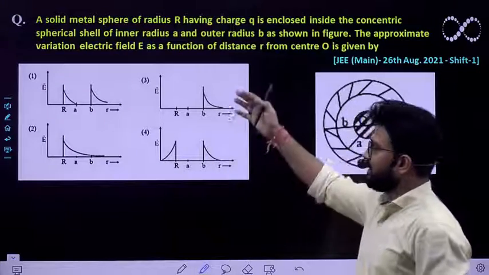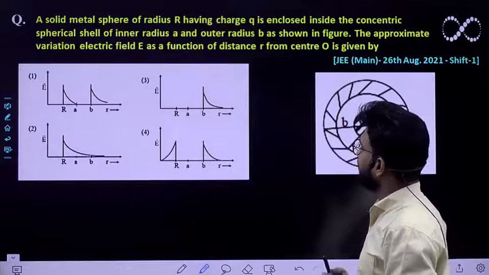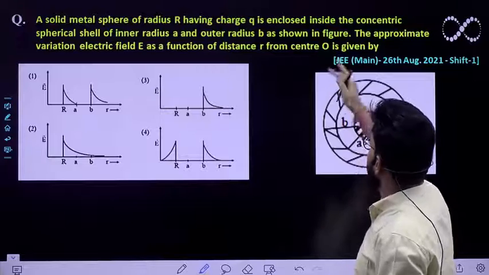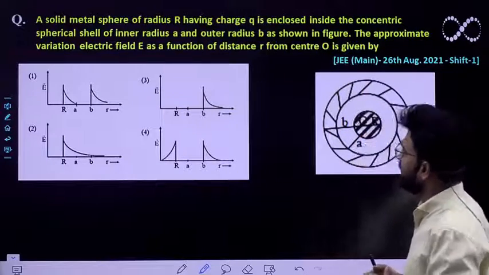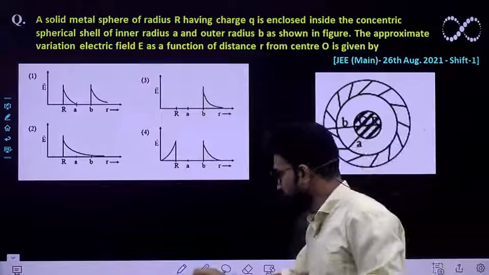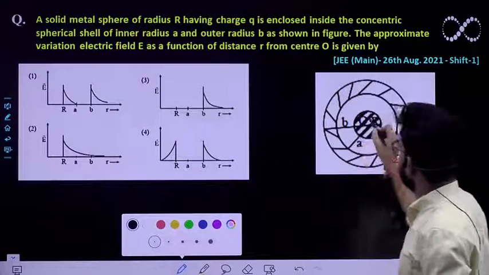The question says: a solid metal sphere of radius capital R having charge Q is enclosed inside a concentric spherical shell of inner radius A and outer radius B. So this is the setup that has been given to you.